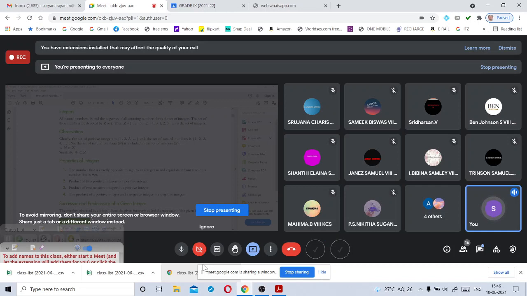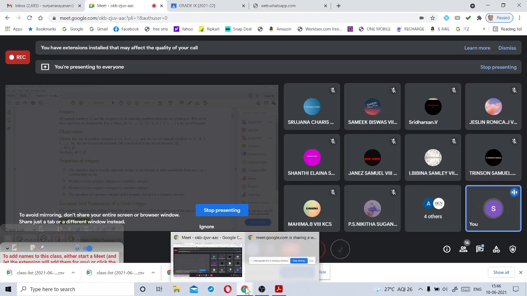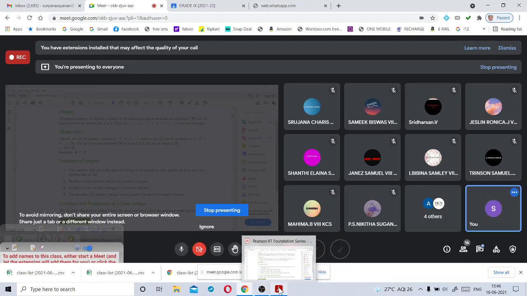Plus into minus is equal to minus, or minus into plus is equal to minus. This is the other form of this statement. In the form of an equation, we represented this statement. You have already learned all these points, yes or no?